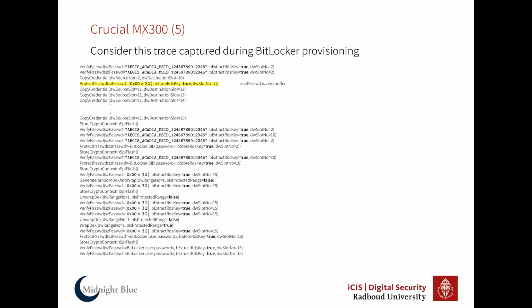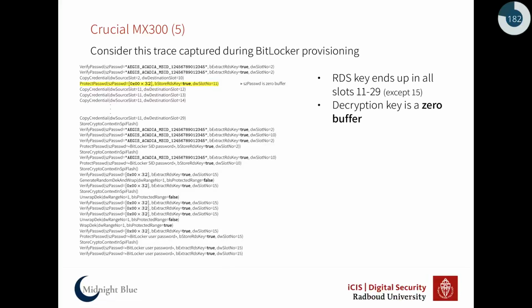What you get is this log file, and it says protect password, the password is a 0 buffer, and the flag for storing the RDS key is yes, please store the RDS key in some slot number in some table, and then that entry gets copied to a lot of other slots. Eventually, this RDS key encrypted with a 0 buffer ends up in all of these slots except for 15, which is overwritten later, and the decryption key is a 0 buffer.